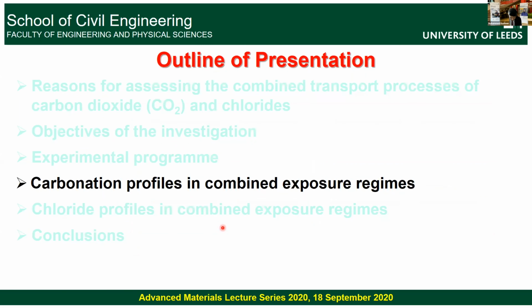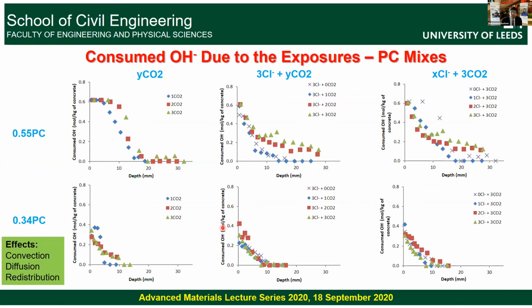So let me show you the carbonation profiles. This actually shows the two water binder ratios for Portland cement concrete for 3 durations of carbon dioxide exposure. This one is, again, 3 durations of carbon dioxide exposure after subjecting to 3 months of chloride exposure.